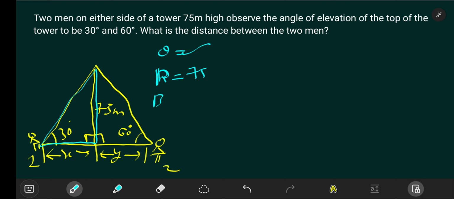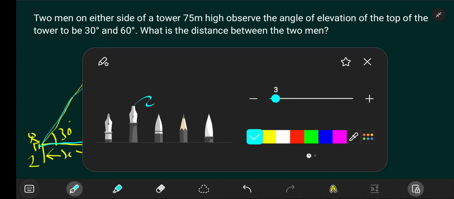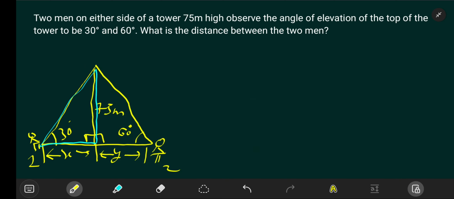Perpendicular side, base and theta: these three values are present in tan theta. So tan theta is the correct trigonometric function to select for solving this problem. Now let's apply tan theta.